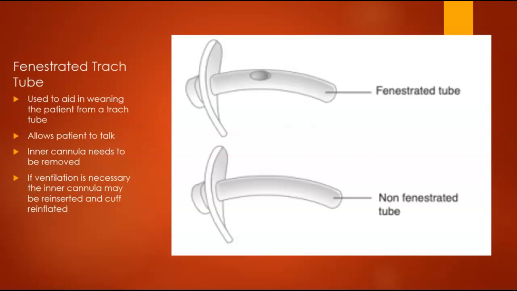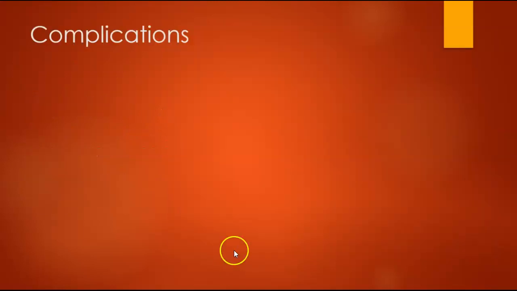All right, so my complications went bye-bye. So complications with trachs, again, it's invasive. Some of the same complications occur with trachs as with ET tubes, in the sense that it can increase your risk for infection. But the nice thing about tracheostomy tubes over ET tubes is that it helps facilitate weaning from the ventilator.